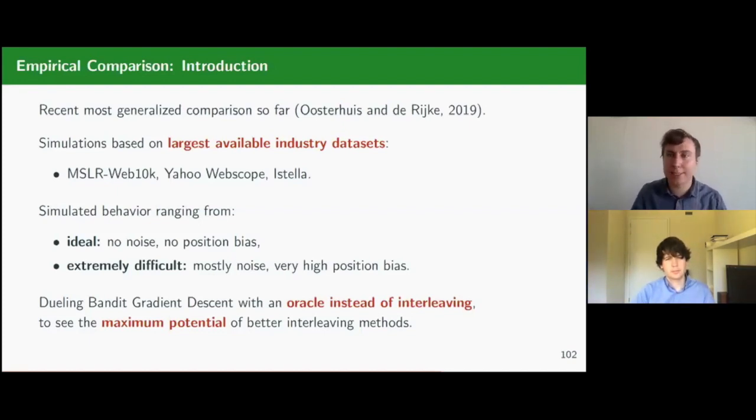So what this means is that when the dueling bandit algorithm needs to compare a ranker A and a ranker B, it will magically know which of these rankers is better than the other. And ideally, this would be your perfect interleaving method. In practice, of course, this is not realistic because you would not have access to an oracle like this, but it gives us an idea of an upper bound on what the dueling bandit gradient descent method can obtain, given that it has this perfect interleaving method.